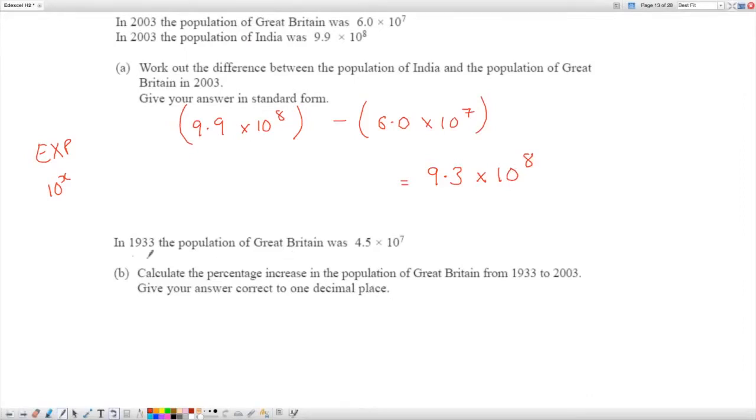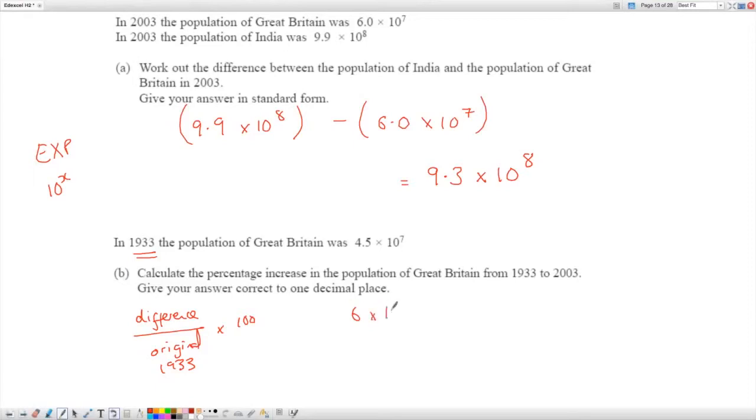We then had the population of Great Britain earlier in 1933, and we're asked to calculate the percentage increase from 1933 to 2003. To calculate the percentage increase, we look at the difference divided by the original, that was what it was in 1933, and then times by 100 to get the percentage. So first off, let's work out the difference.